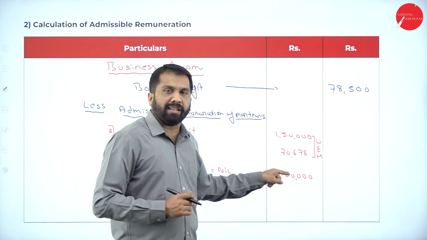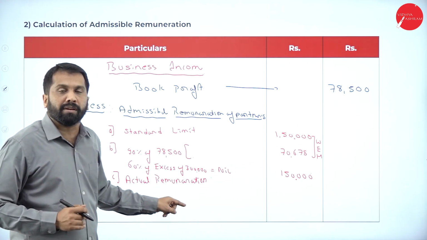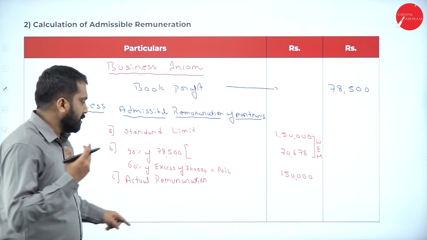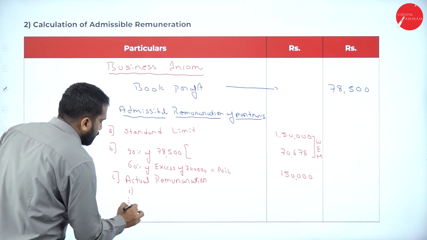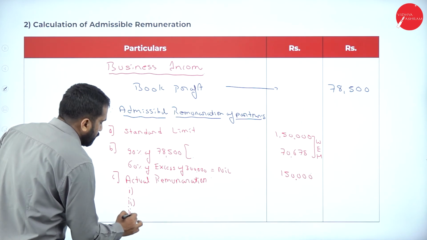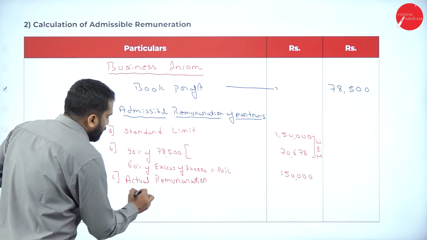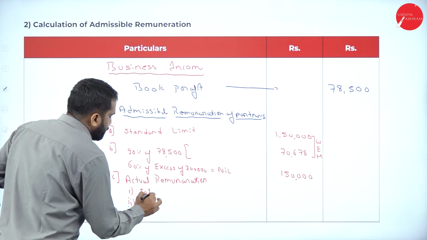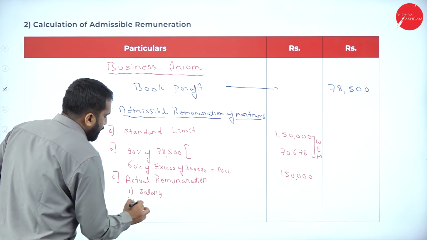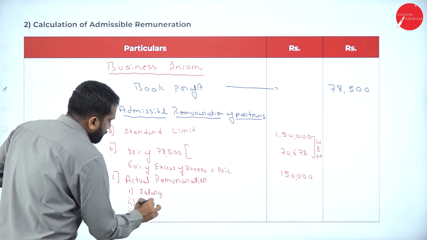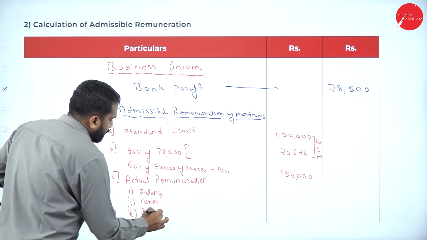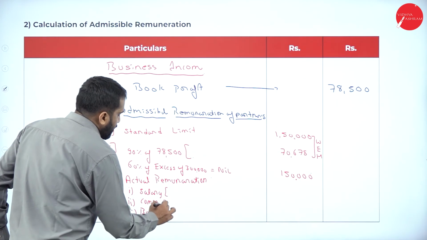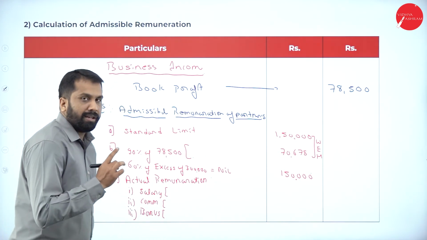Now compare your 1,50,000 with actual remuneration. What is your actual remuneration? I'll tell you. In this 1, 2, 3. What is the one? Salary. What is the second one? Commission. What is the third one? Bonus. All put together, we call it as your actual remuneration.